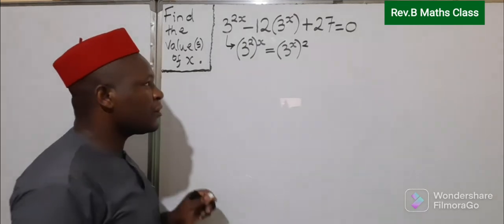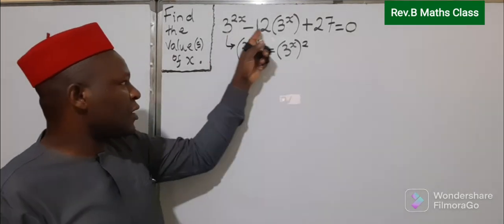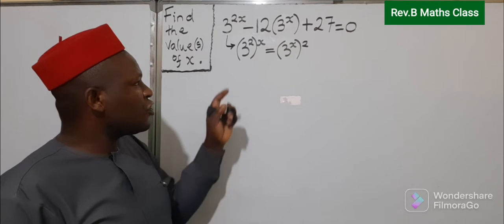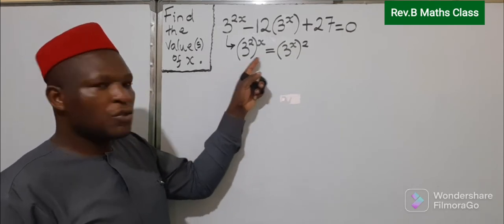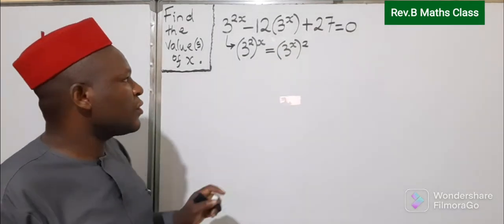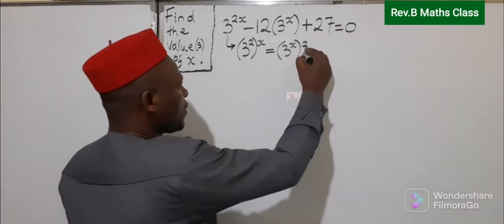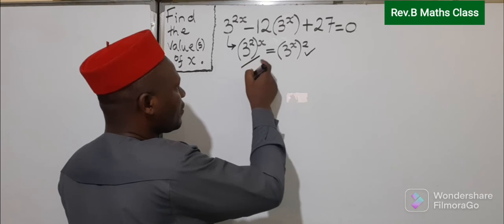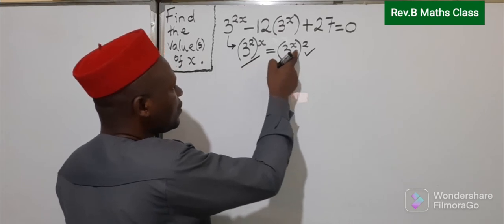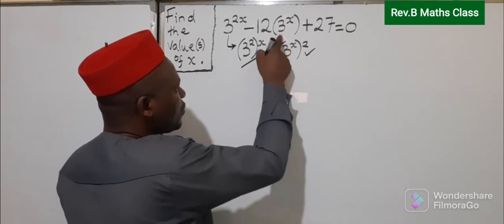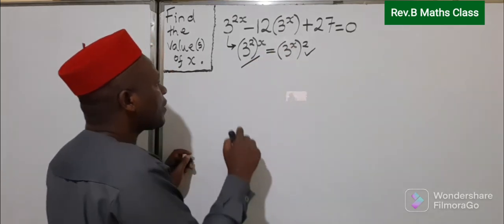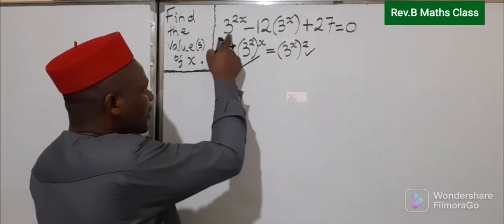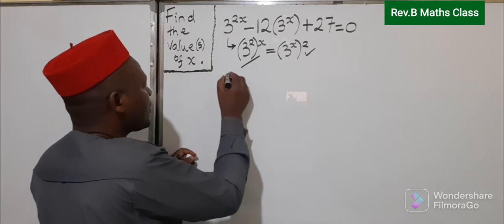At this point, you need to go back to the equation and check which one is common between these two. The one that is common is this one, meaning we are discarding this one. Why this one? Because this one is also here. Which means at this point, the first term will be written like this.